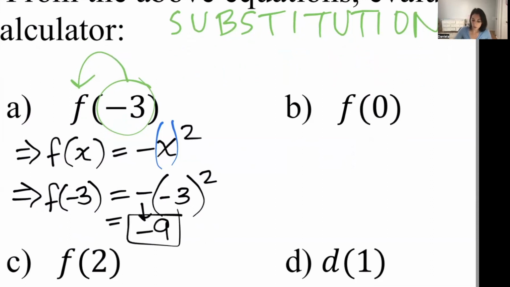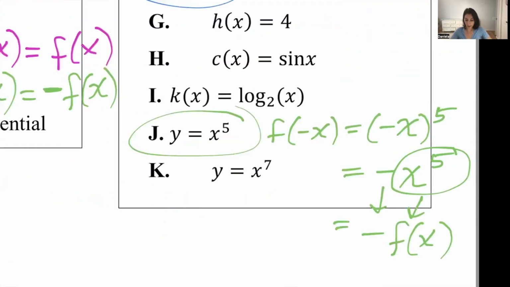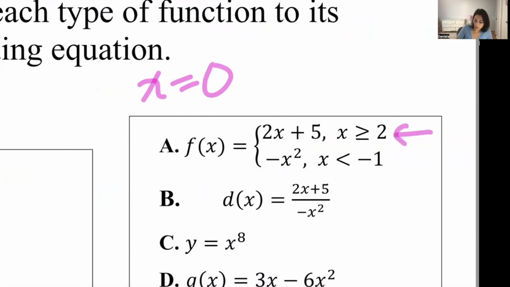So now we're substituting f of 0. Again, always into the x spot. We're looking at the same function, and we are substituting x equals 0. Is 0 greater than or equal to 2?